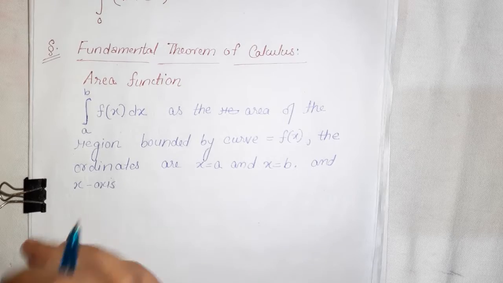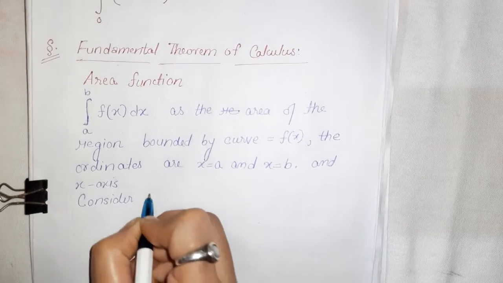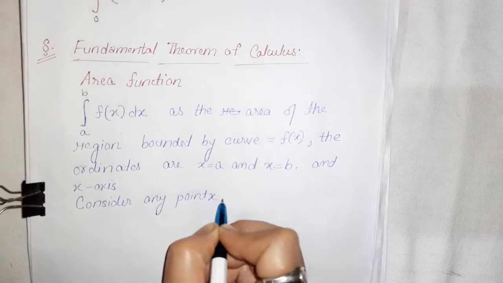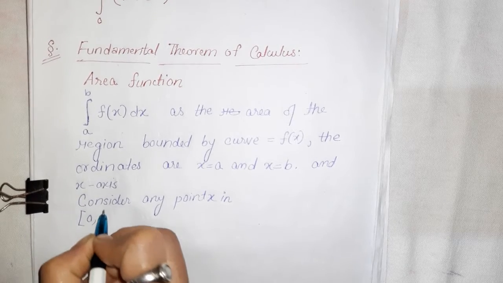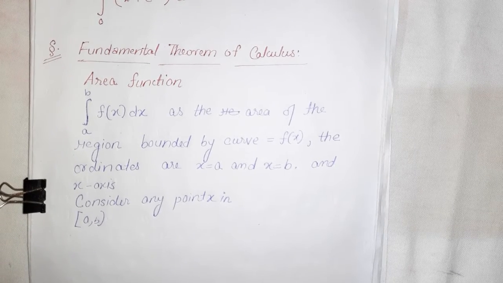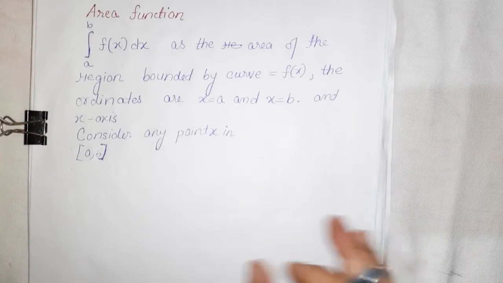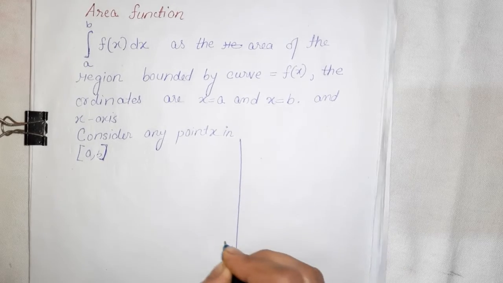Okay, now consider any point x in the closed interval a, b, right? Let us take a point x in the closed interval a b. So how did we draw the graph?